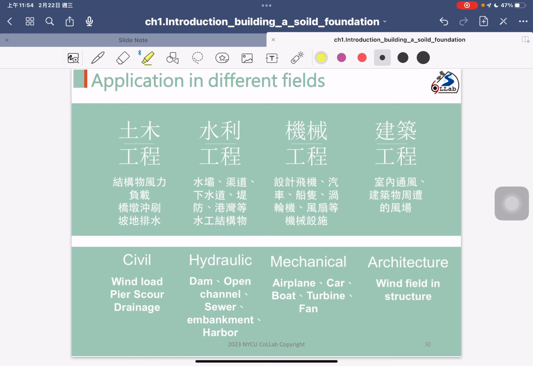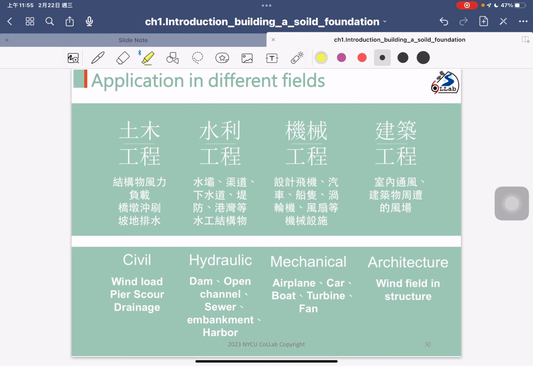As you can see, there are some different fields. Civil is our department, and our department includes the hydraulic divisions, and our friend departments are mechanical and also architecture. In different fields we will meet different problems that we should understand, and we should find the solution.